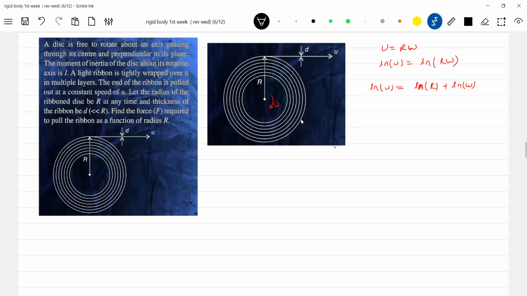into this one. So u is a constant, so this will be 0. So this will be r dr by dt, let me differentiate with respect to time. I'm interested in d omega by dt.